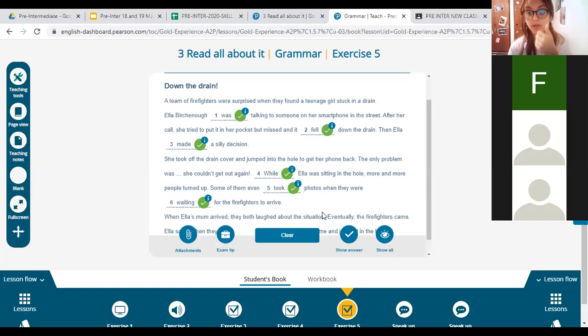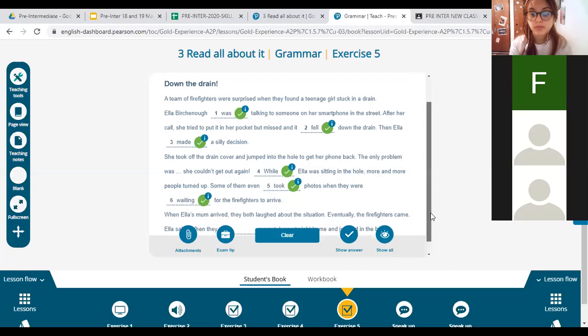But then we do not say ringing, but waiting for the firefighters because we have the verb arrive. Someone had already called the firefighters and they were waiting. While they waited, they took photos.